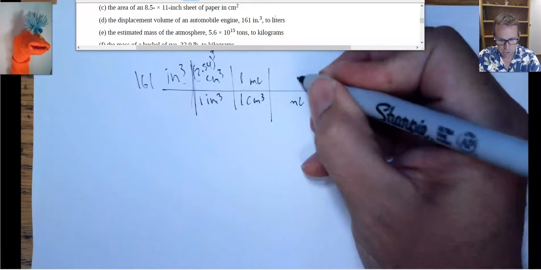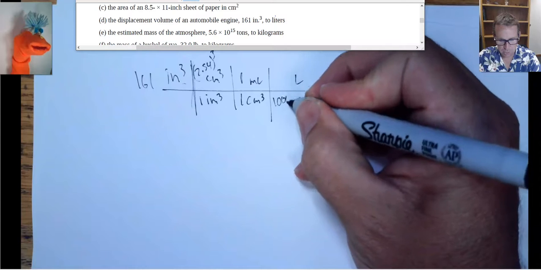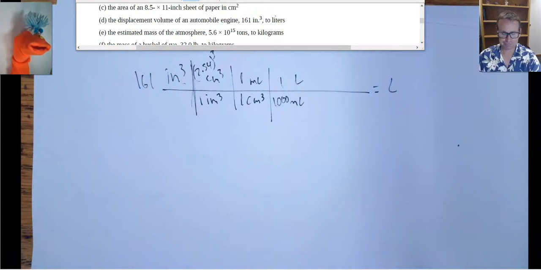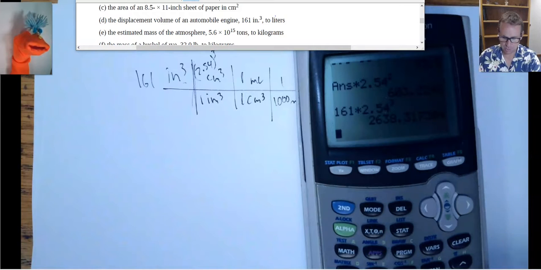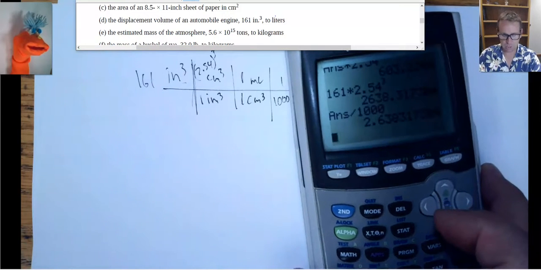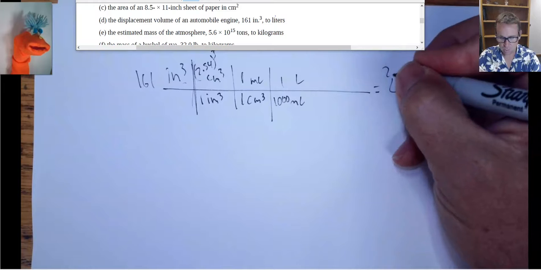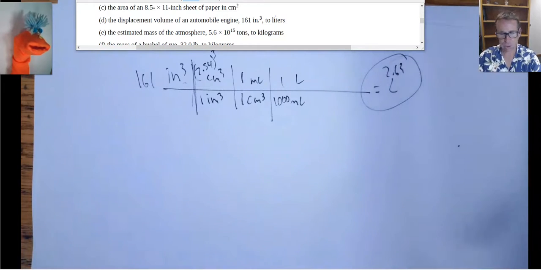Then I can go from milliliters to liters. 1,000 milliliters for every 1 liter. So 161 times 2.54 cubed, and then divided by 1,000. And that should give me 3 significant digits, 2.63 liters. All right.